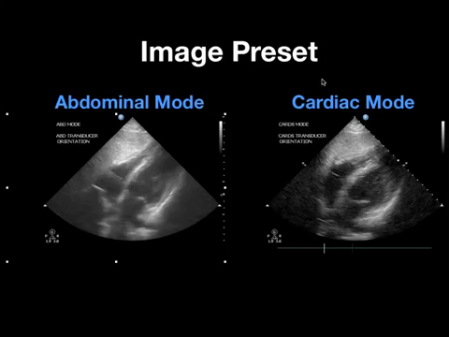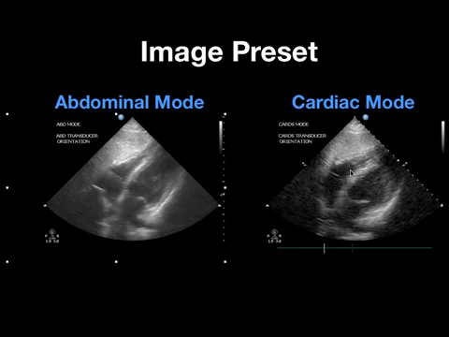When performing the subcostal window, you can be either in the abdominal mode or the cardiac mode. If you're in the abdominal mode, the indicator should be directed towards the patient's right so that you obtain the traditional image orientation. If you're in the cardiac mode, the indicator should be towards the patient's left in order to obtain the traditional imaging view.